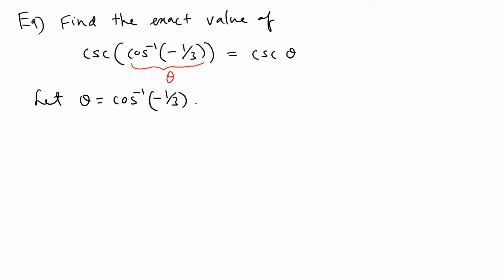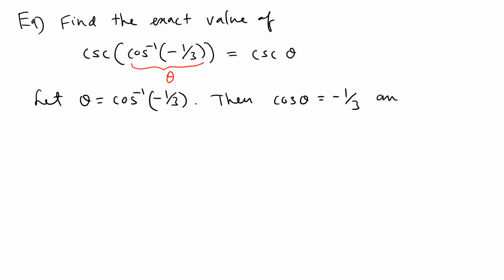Once you take the cosine of both sides, you can say cosine theta equals -1/3. You can see that theta is in the second quadrant because cosine is negative.